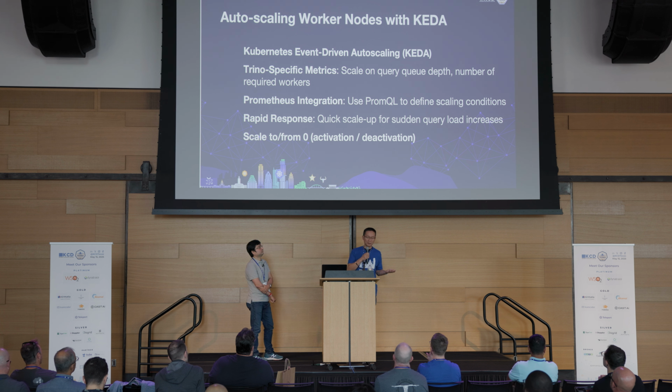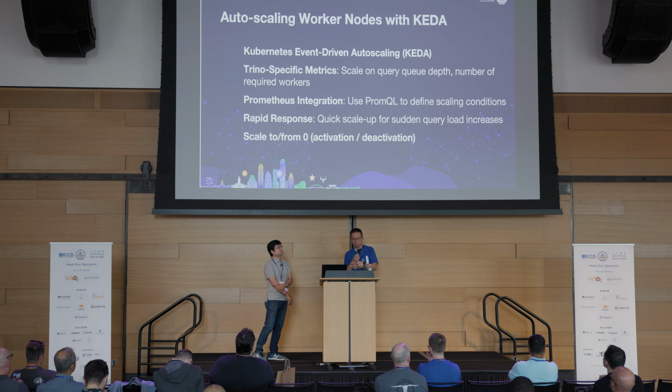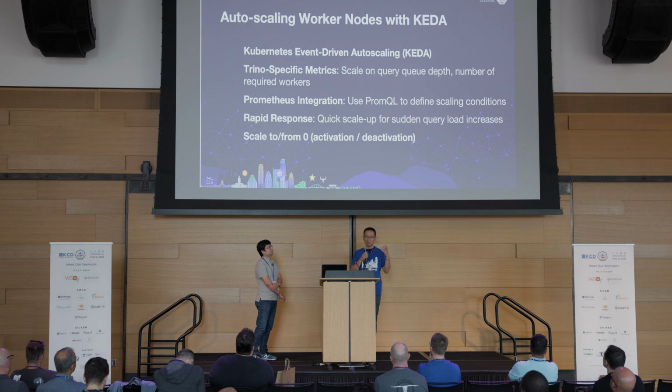The selling point of KEDA is in the name. It can scale the system based on events, like a request received or a query received, not solely based on consumption utilization metrics. For Trino specifically, it is exposed from the exporter.